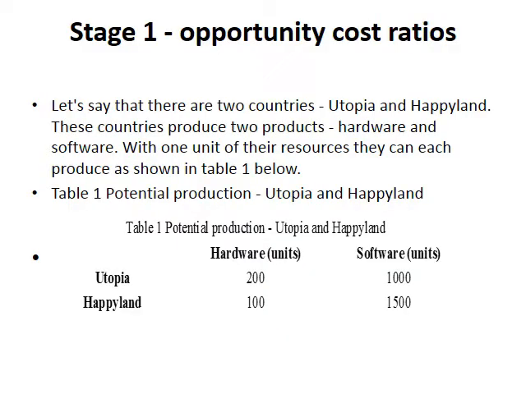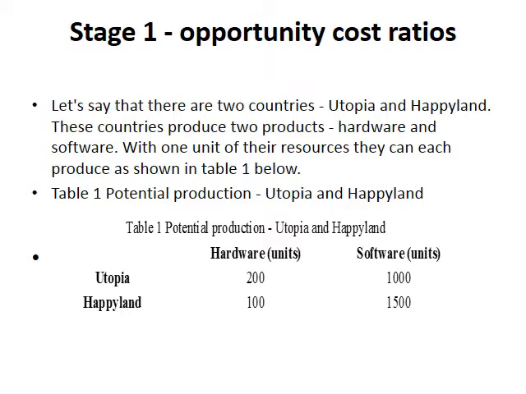So we're going to look at opportunity cost ratios. Let's say that there's two countries. Now I didn't make this up. I forget what source this came from, but we'll have Utopia and Happy Land. And we're going to have these two countries produce only two products, hardware and software. With 1 unit of their resources, they can each produce as shown in Table 1 below.